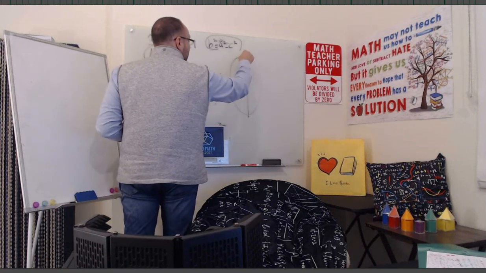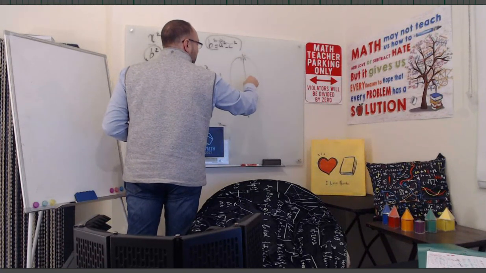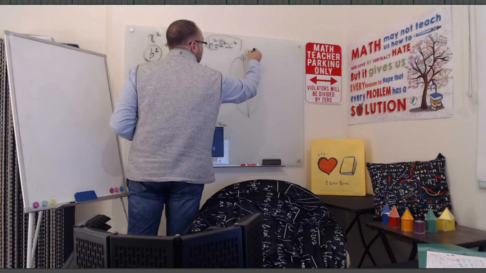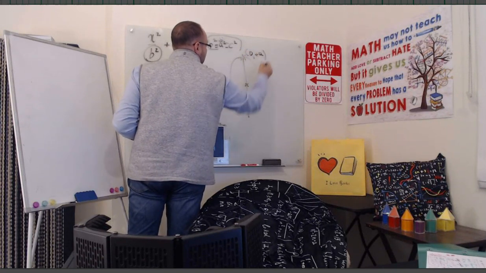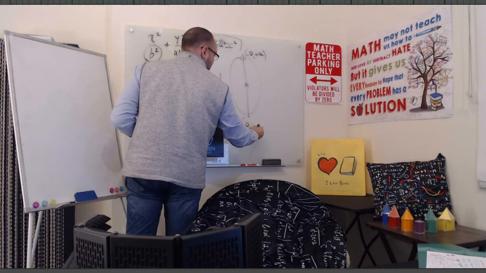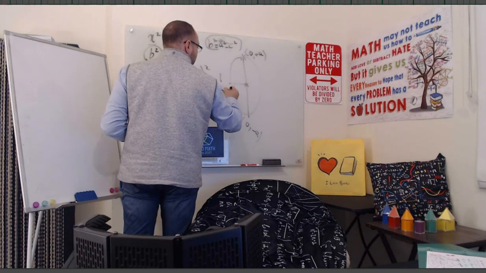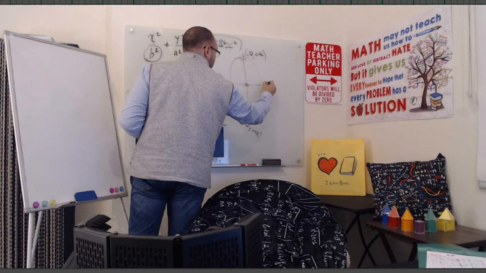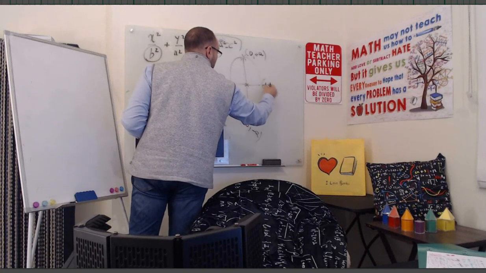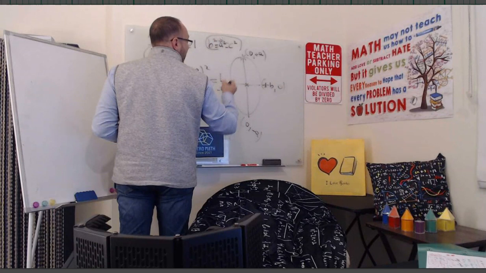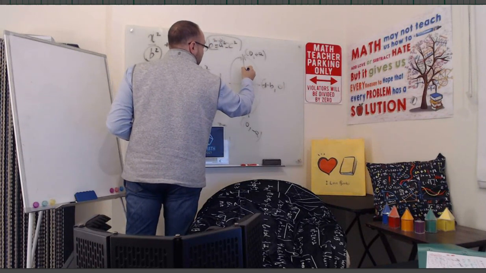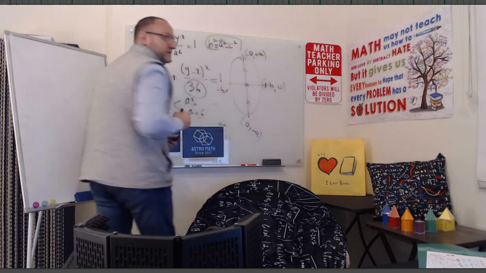The a now is here. If this is the origin, this is 0 plus a, and this is 0 minus a, right? And this is minus b, 0, and this is plus b, 0, okay? And your foci now are here. Absolutely, yes.